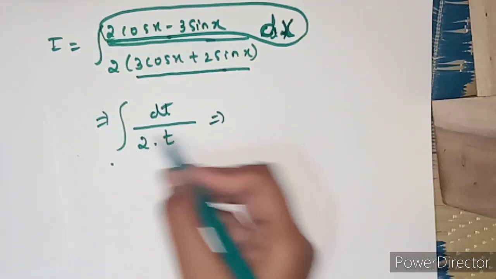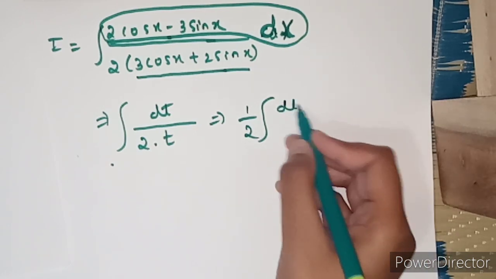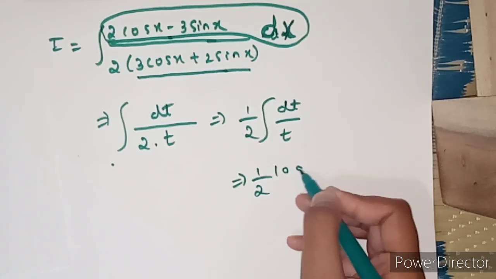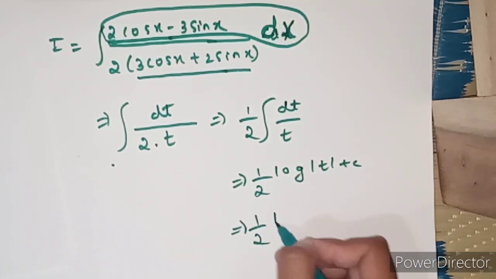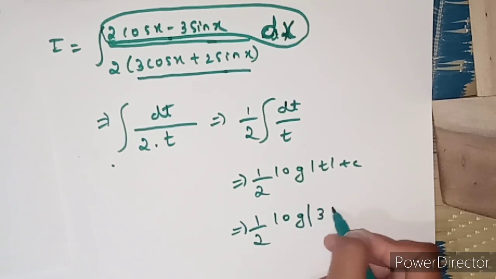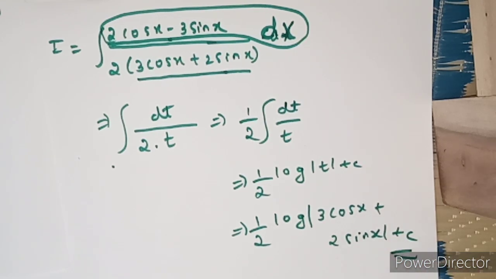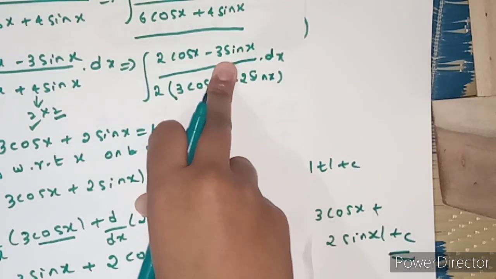Now take this 1 upon 2 outside the integral, so dt upon t. The integration of 1 upon t is log mod t, so 1 upon 2 log mod t plus c, where t is 3 cos x plus 2 sin x, plus c. So this is the required answer. If you want, you can take the other function as t also, and you'll get the required answer.